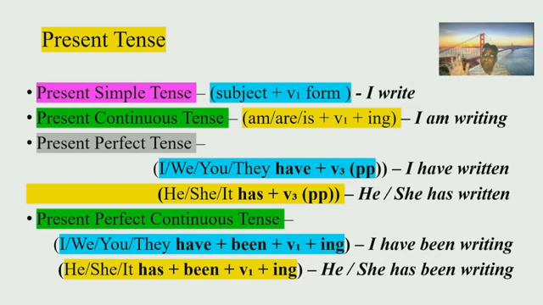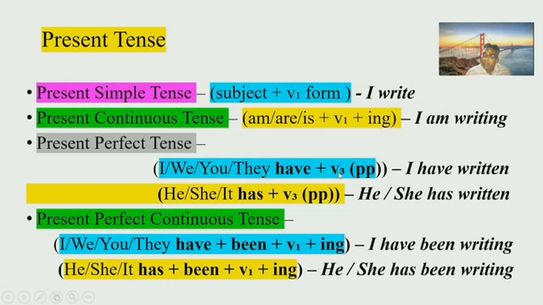They are also a kind of helping verbs, modal auxiliaries or auxiliary verbs. So we use have with I, we, you, they. These are all subjects: first person singular, plural, second person singular, plural, third person plural. With all these subjects, we use have.